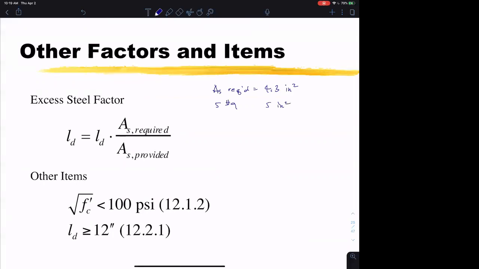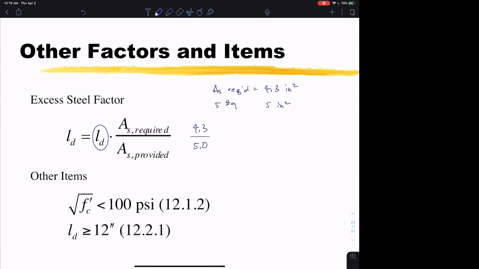And so you only needed 4.3, but you picked 5, whatever your development length is, you really only needed 4.3. You didn't need 5. So you get to reduce it by what you actually needed divided by what you picked. And that can be a pretty significant reduction, okay?